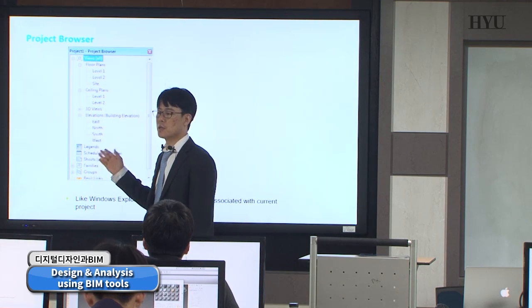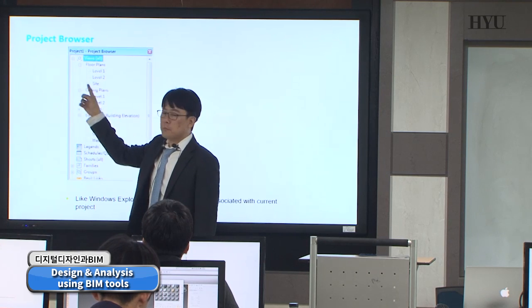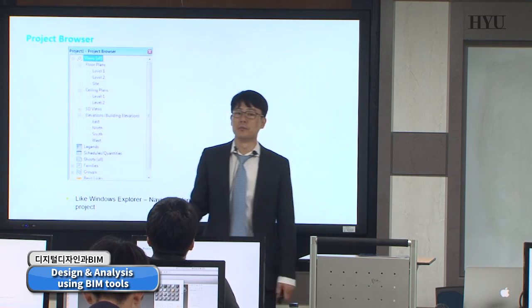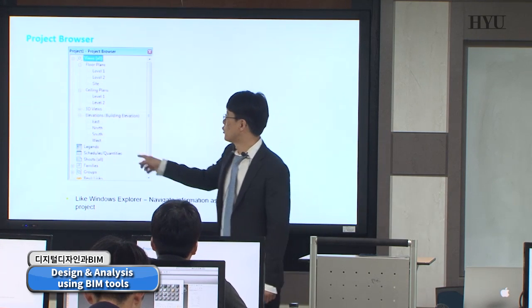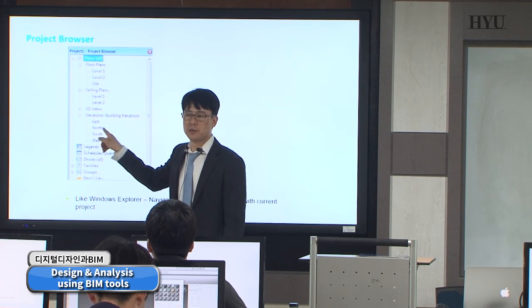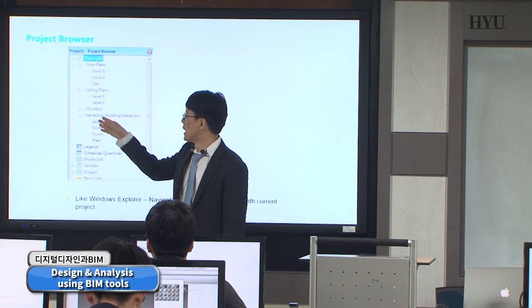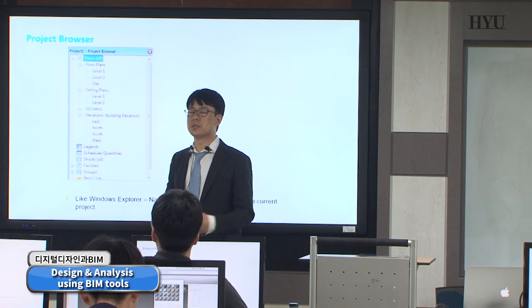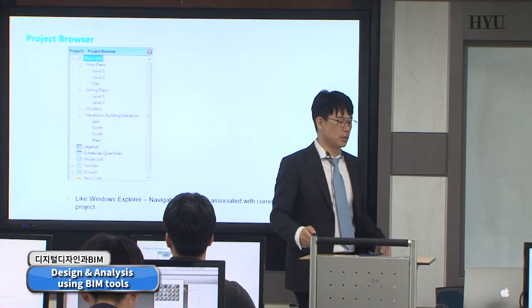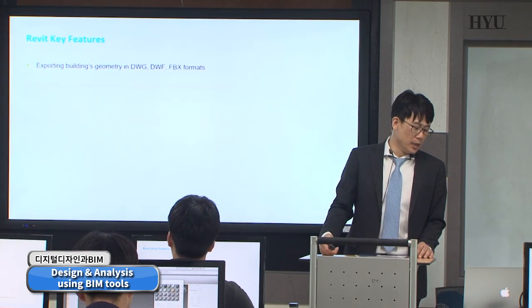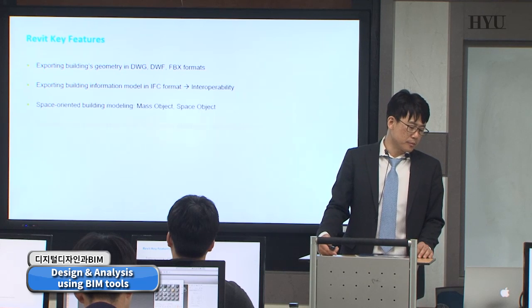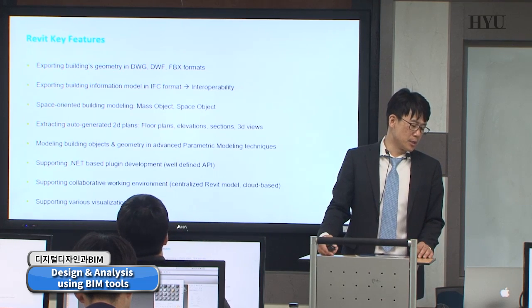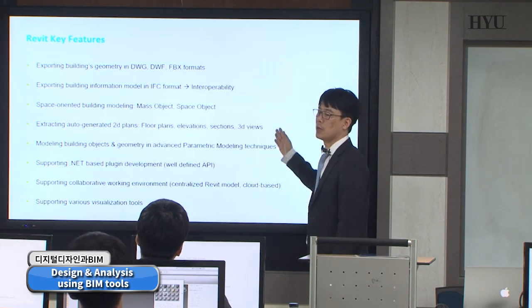But in a BIM system, in Revit, floor plan is just one of your views. There are an amount of more 3D views, perspective views, rendering views, elevations, and lots of sections. Exactly what you want.